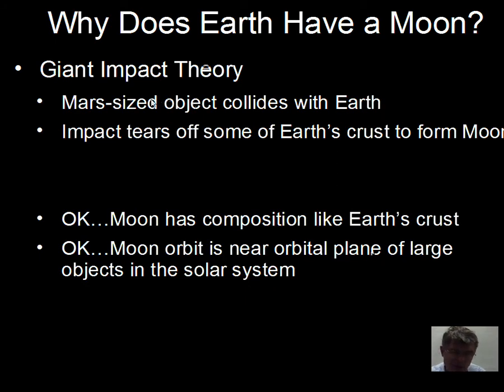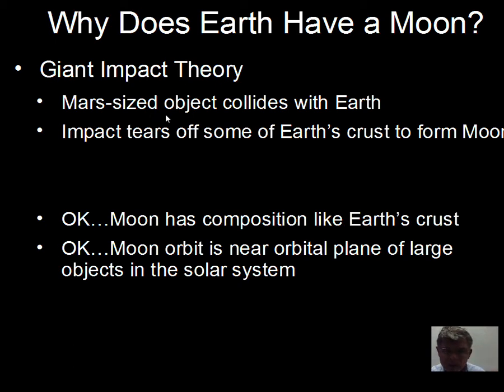Here's the one we think is correct, the giant impact theory. In the early solar system, there were more large objects orbiting the Sun, and one of those is speculated to be about the size of Mars. It's not Mars, but just an asteroid, a big rock about the size of Mars, and it collides with the Earth in kind of a glancing blow.